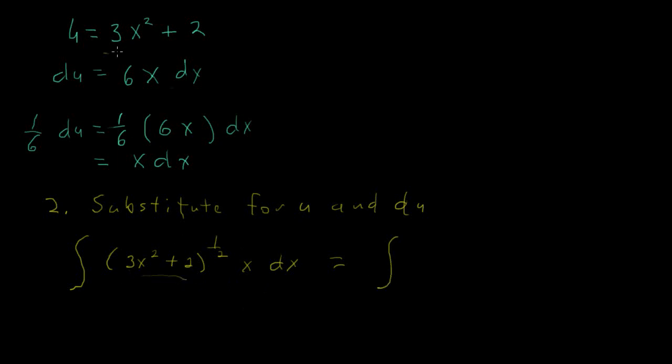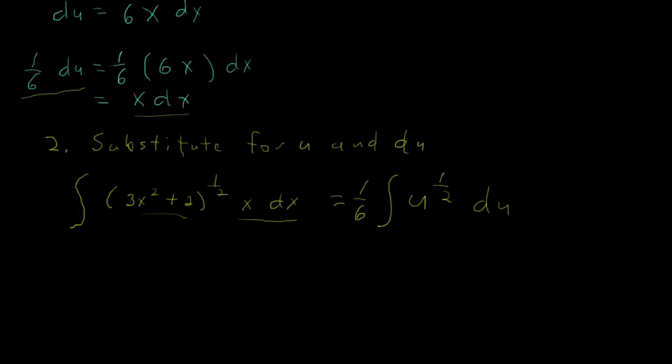So notice what we have for u is the 3x squared plus 2, so we replace 3x squared plus 2 with u, raise it to the 1/2 power, and x dx, remember, was 1/6 du. So the 1/6 can come out in front of the integral, and we'll put the du in at the end. And we've done our substitution for u and du.